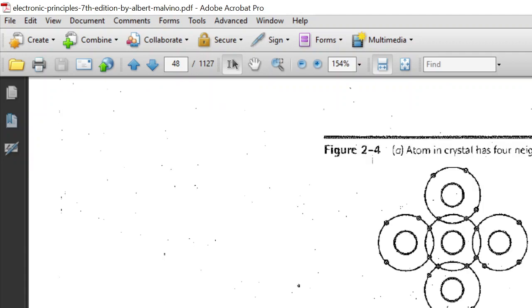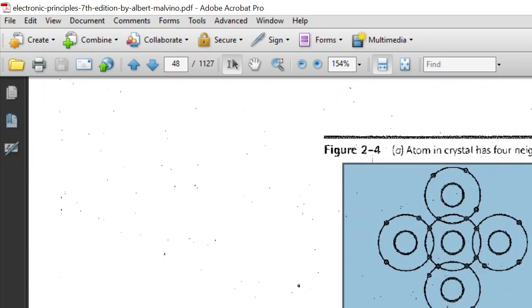So you see here, this is the diagram of a silicon crystal, a few of the atoms, and this happens all through the crystal.